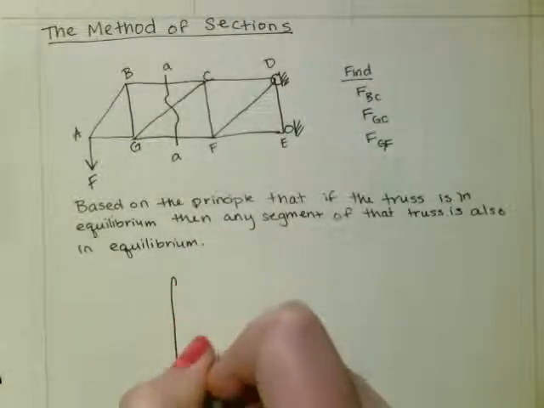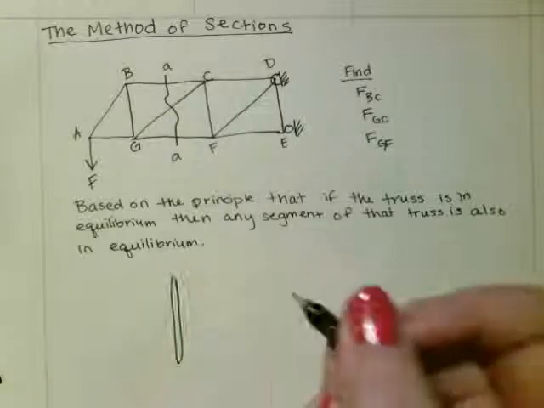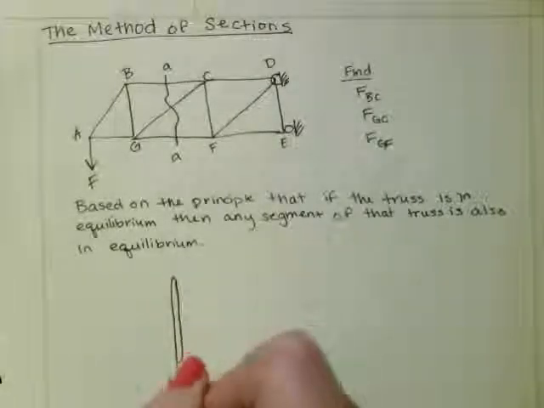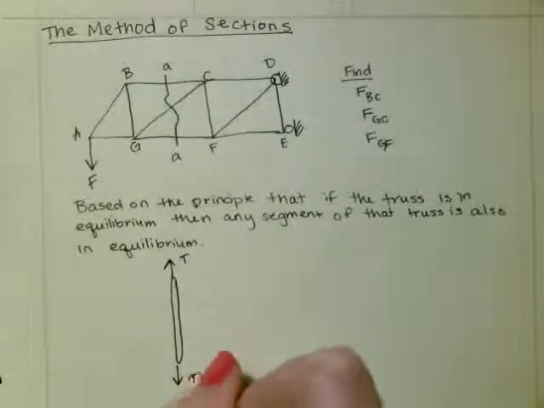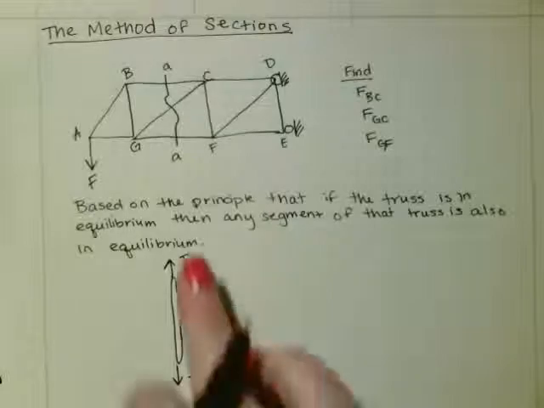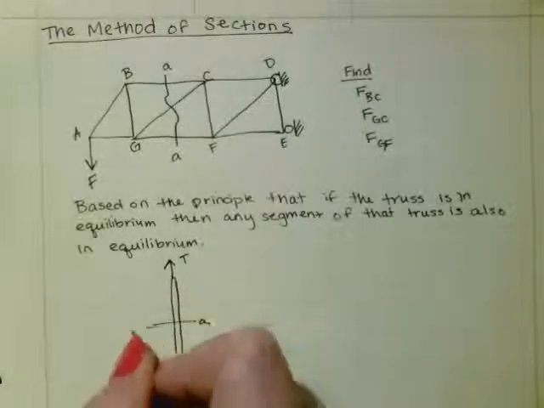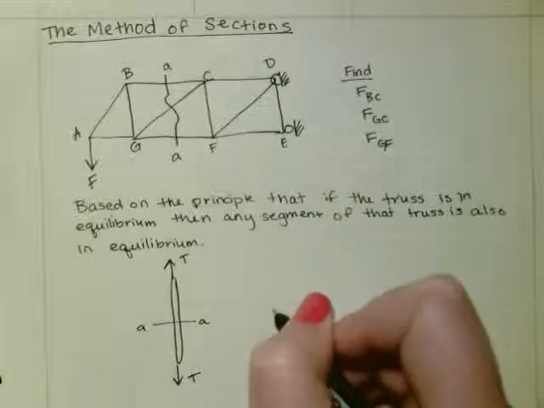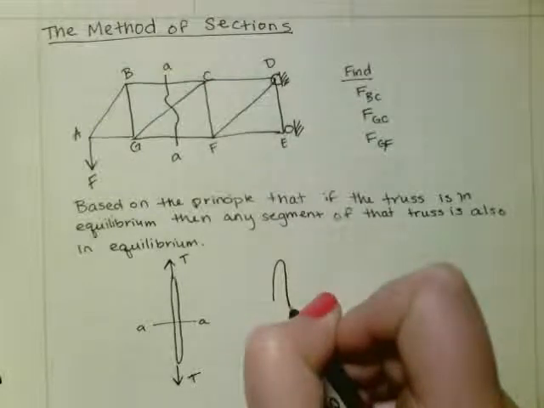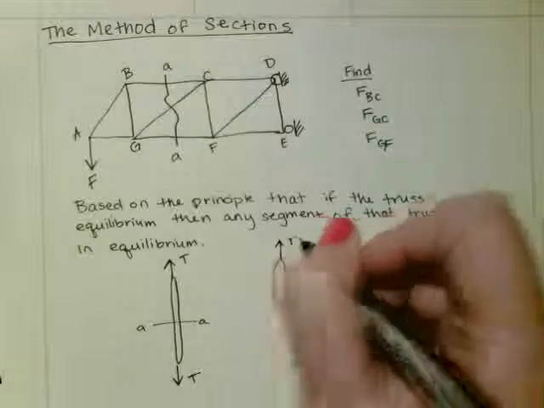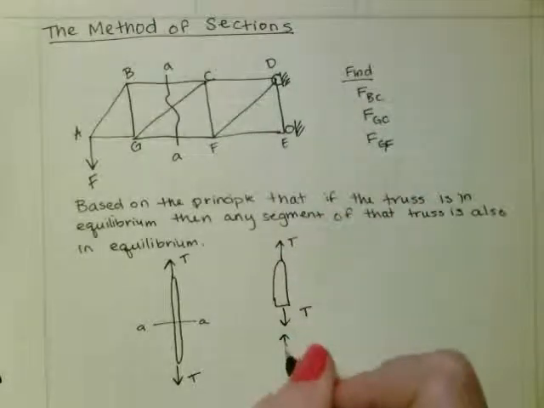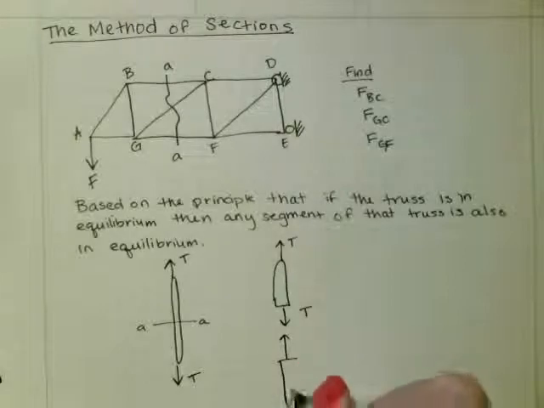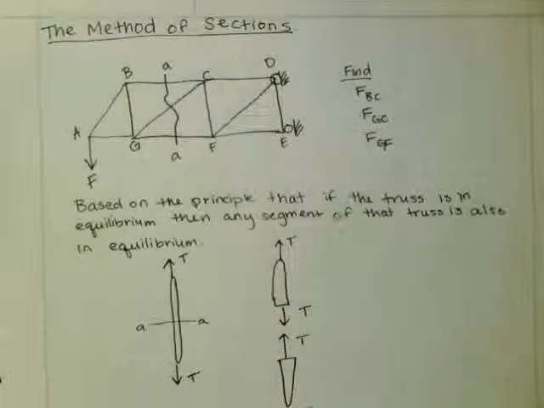So if we had a segment, just one member of the truss, and it's in tension, and it's got tension T. If we were to cut it at A, then both of these segments would also be in equilibrium. So we'd still have T and the opposite T, and then for the other section, T and T.